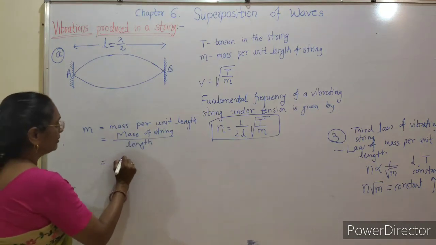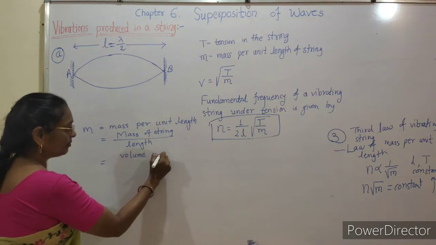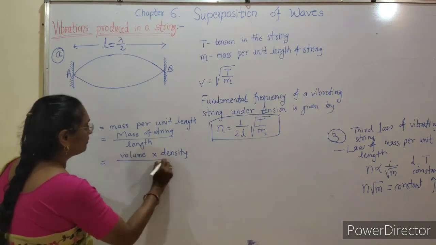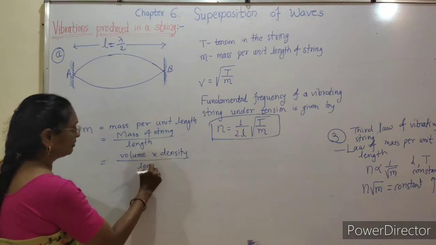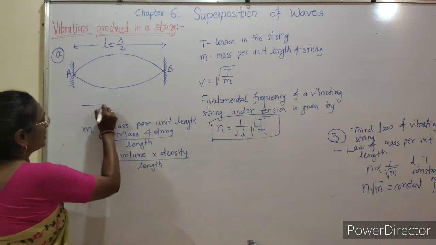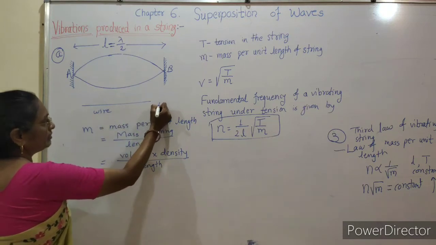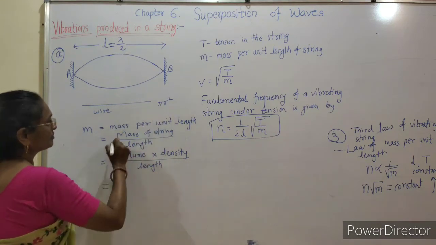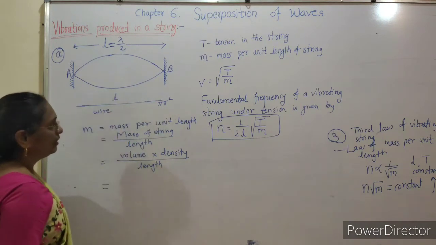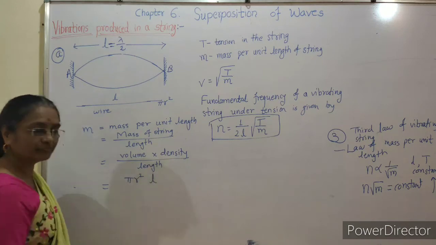Mass of string is equal to volume of string multiplied by density, divided by the length. Now the string is a wire, having cross sectional area pi r square, and its length is L. Then volume is equal to pi r square into L.